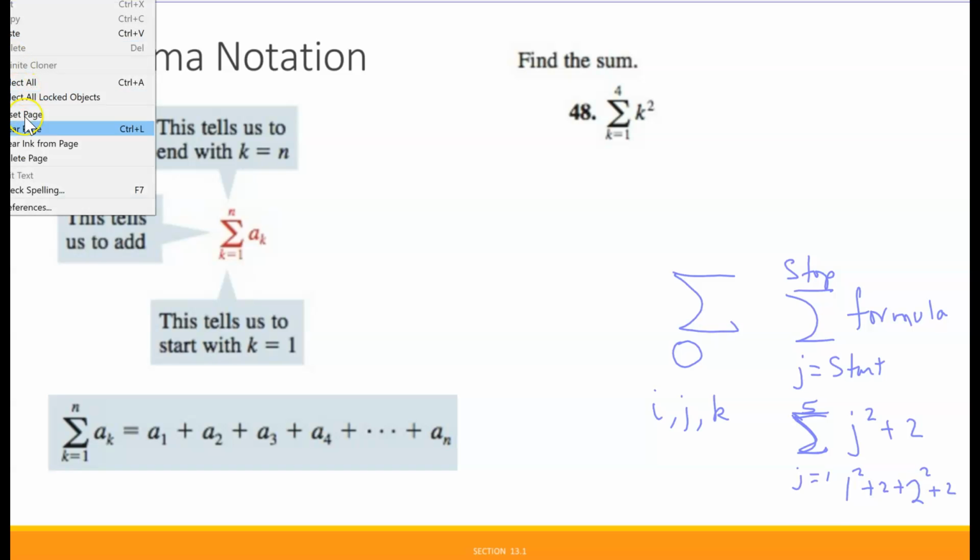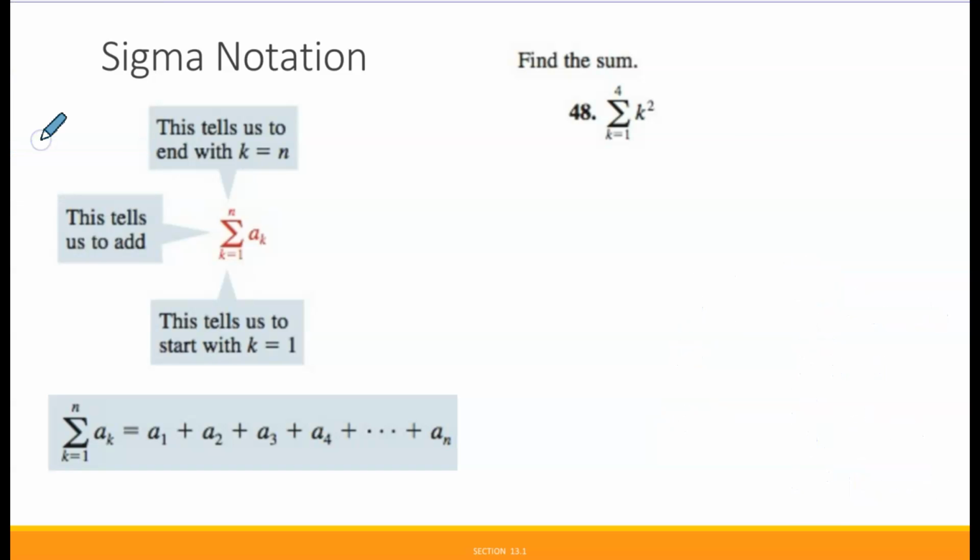Let's look at an example. Here for problem 48, we have the sum of k squared. K starts at 1, k stops at 4.